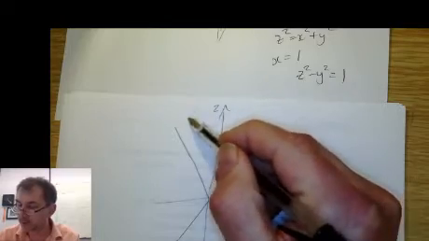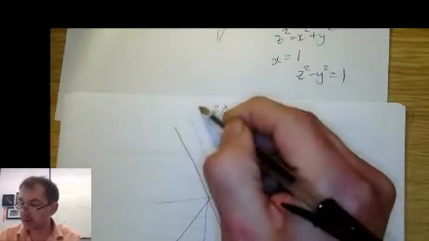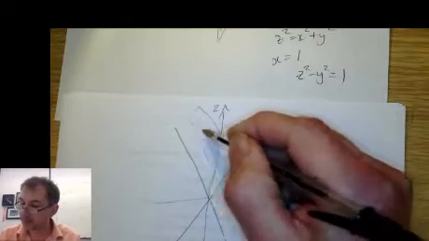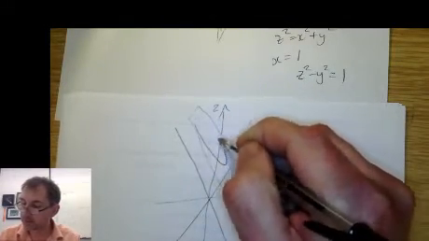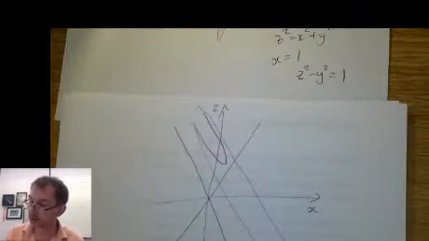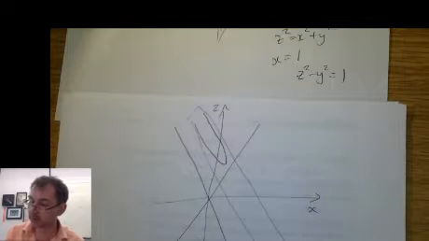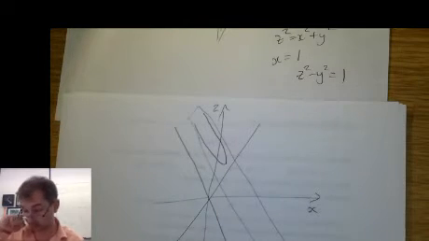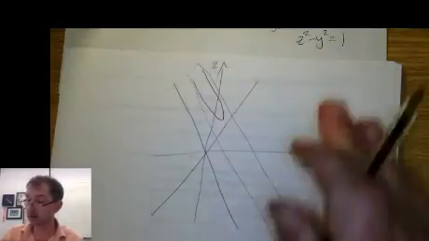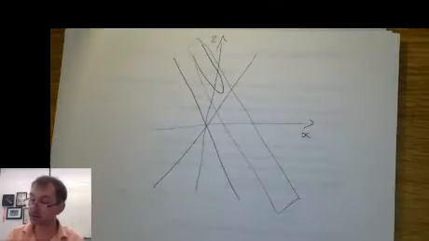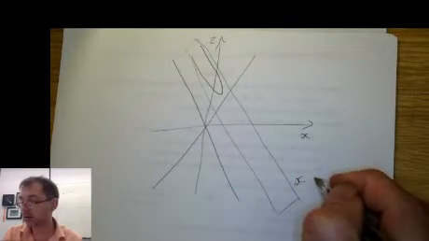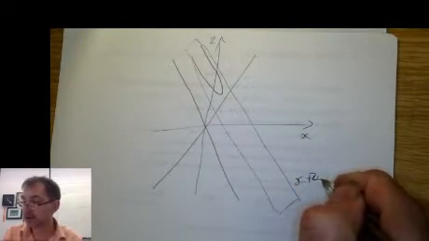So I need a plane parallel to the side of the cone, and that will be where x plus z is equal to 1. So let's say that this is the line x plus z equals 1.